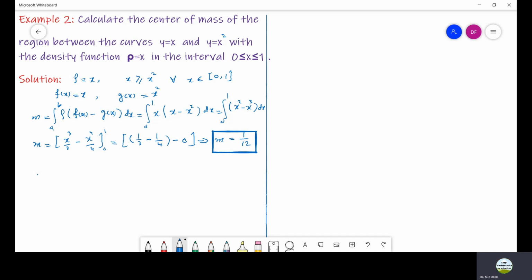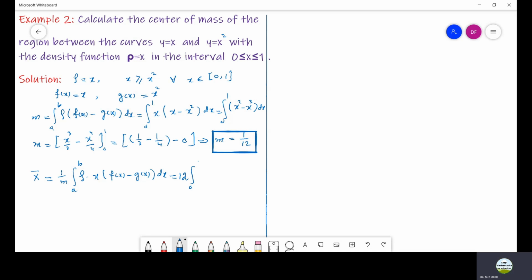The next task is to find x bar. So x bar is equal to 1 over m, limits from a to b, rho into x, f of x minus g of x dx. Putting the value of m, which is 1 over 12, so we have 12 here.